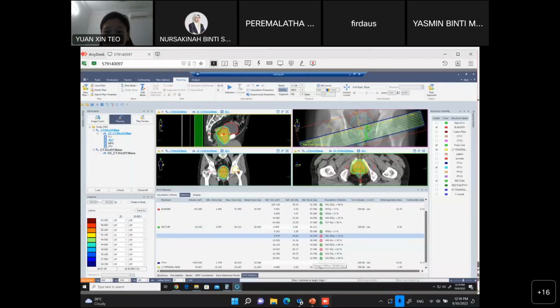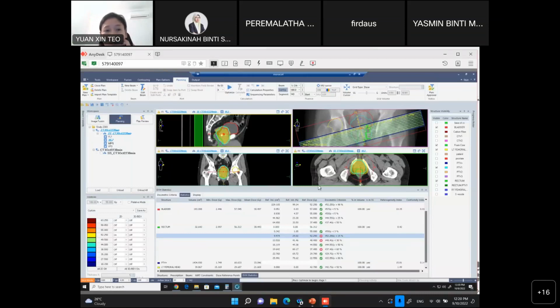Under this kind of situation, we will tell the doctors either the doctor needs to accept all these failed dosimetry criteria, or we will need to think about what we can do for these patients.